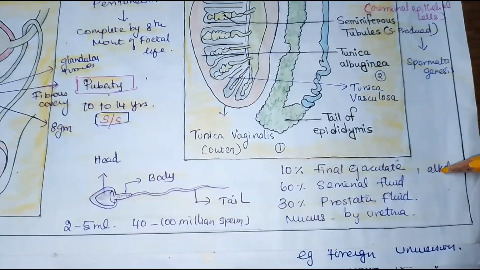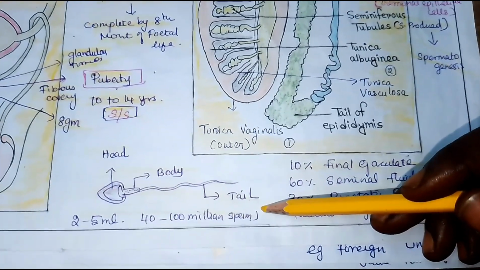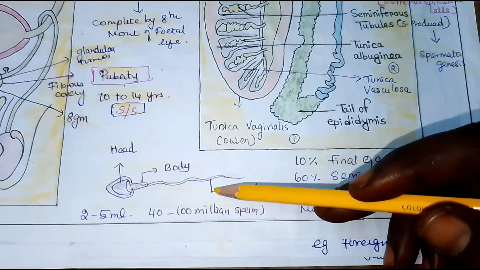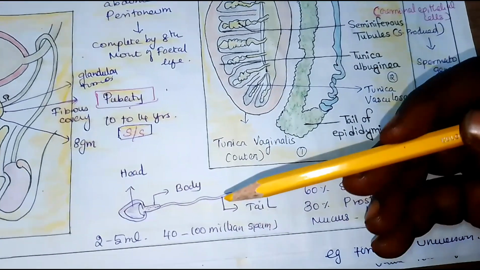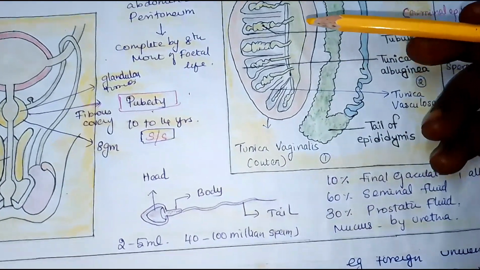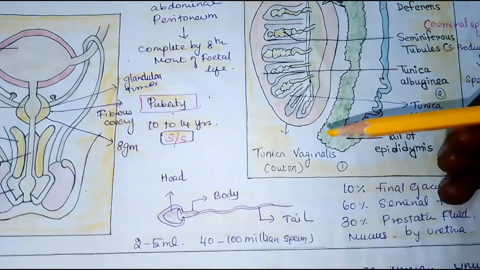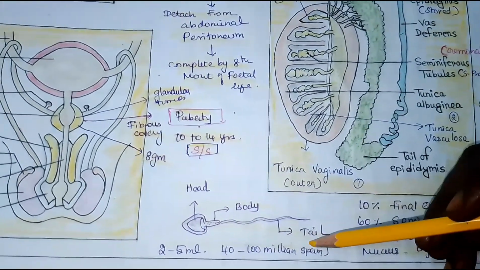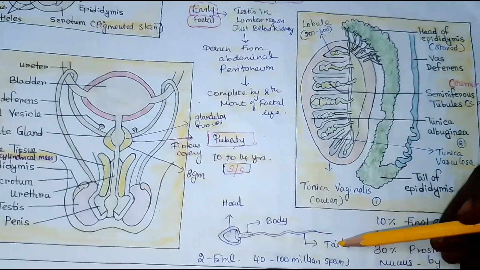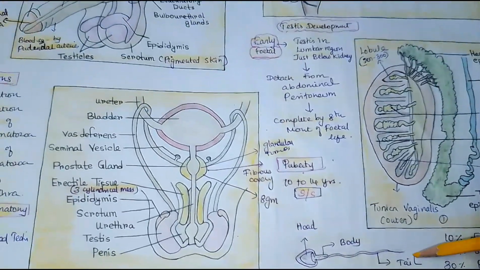Because semen is alkaline, but the vagina is acidic. So many sperms lose their life when they cross the acidic environment of the vagina, and by the time they reach the tubes to meet the egg, many will have died. That is the reason God has created millions of sperms in each ejaculation.